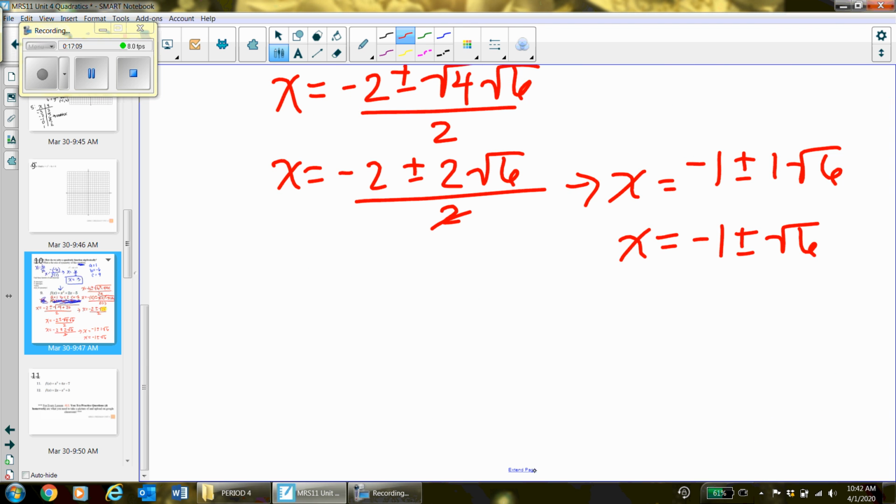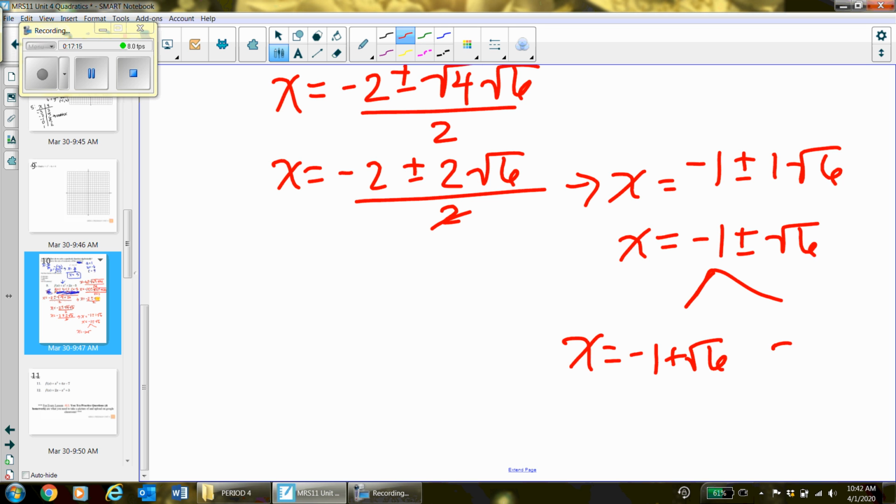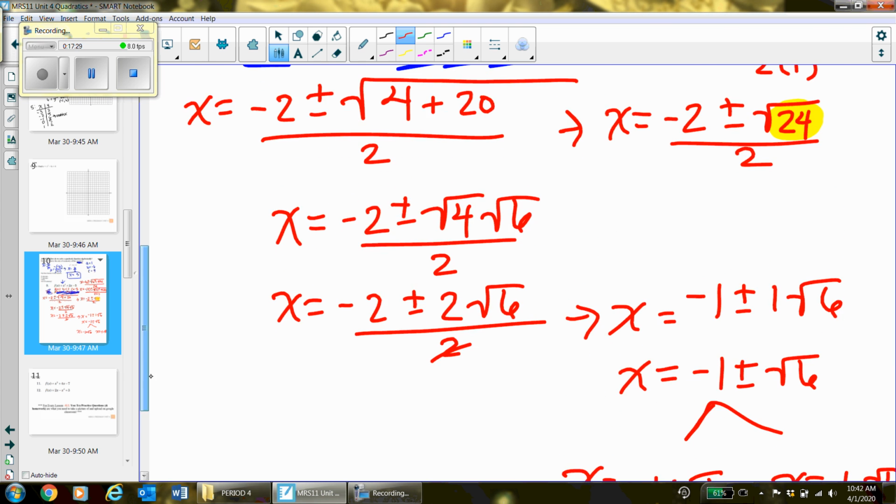This is two different equations: x equals -1 plus radical 6 and x equals -1 minus radical 6, which will give us a decimal, which is why we don't see it on our table if you're using a calculator. But I found my x-intercepts. These are it. It's not always pretty.